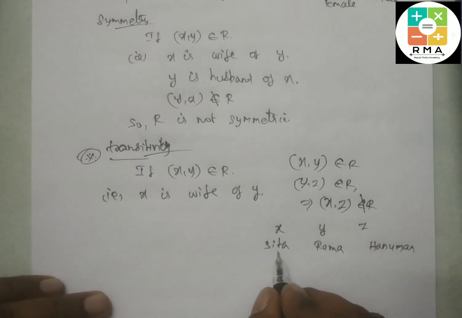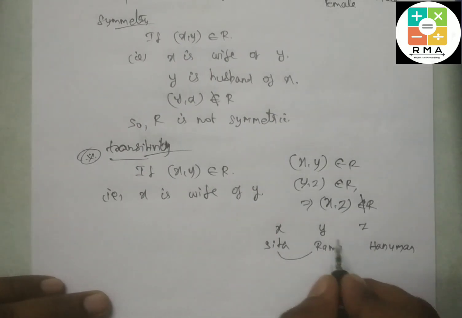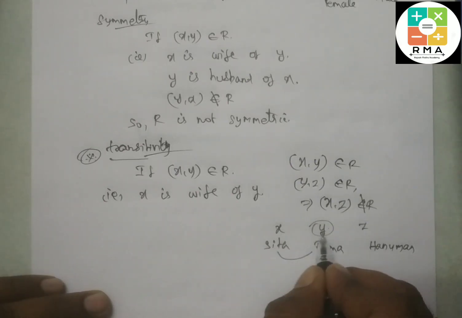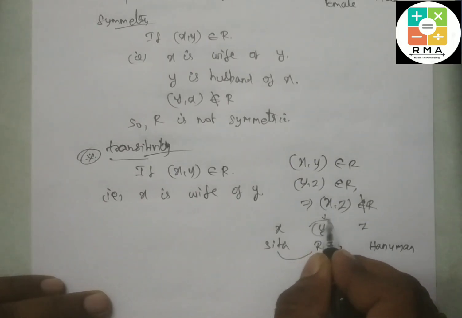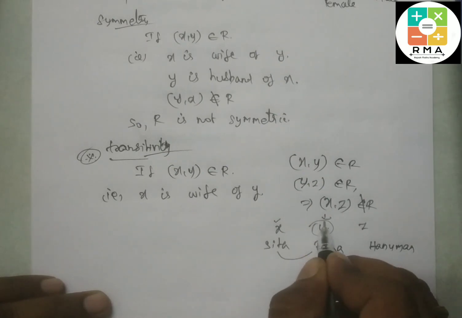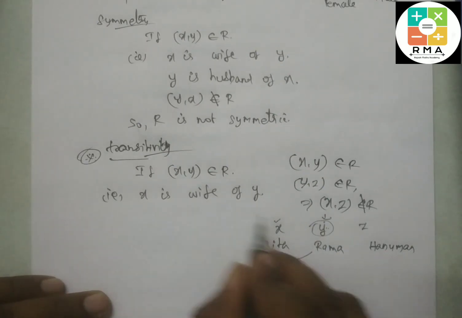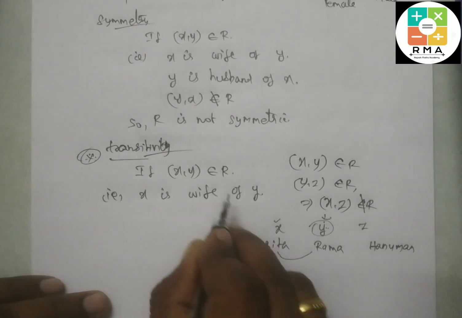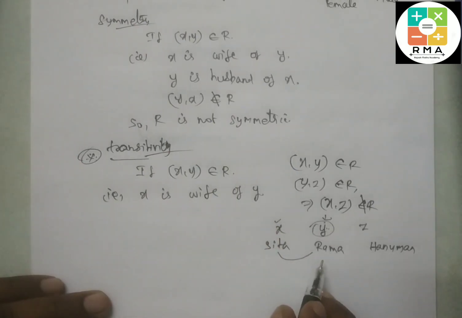So we can say that x is wife of y. Sita is wife of Rama. But I am unable to find (y, z), because if I need (y, z), y must be female. So x is female means y is male here. So (x, y) belongs to R, but I am unable to find (y, z) belonging to R. So I can say that this relation is transitive. Clear?